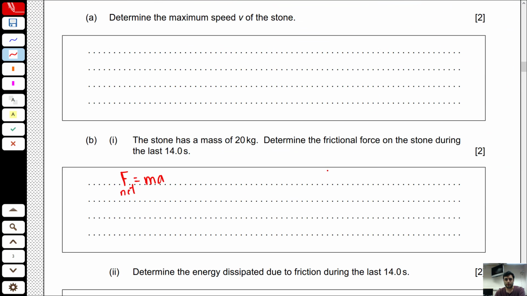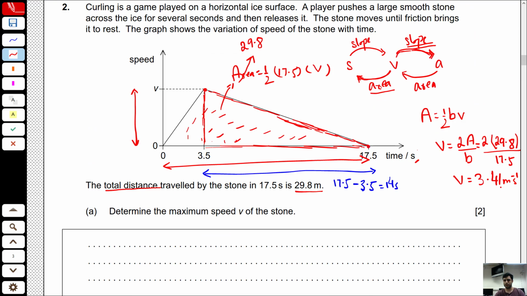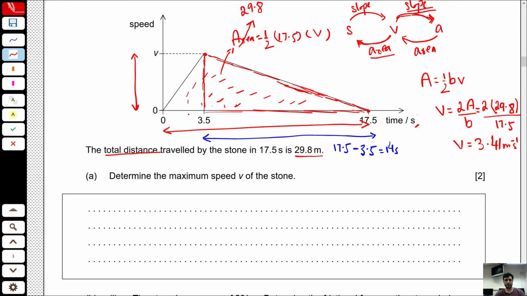Okay, so let's just draw the triangle here. Remember, there's a 3.5 here, there's a 17.5 here, so that's the last 14 seconds. And remember the final velocity that we calculated, this maximum velocity is 3.41, going to 0.